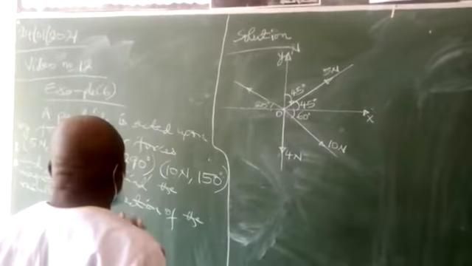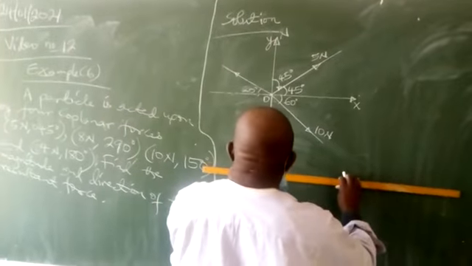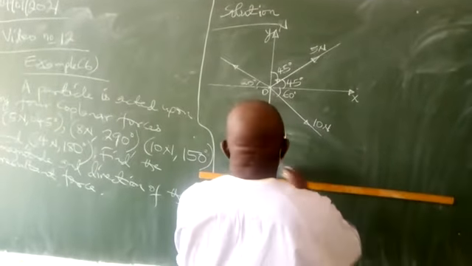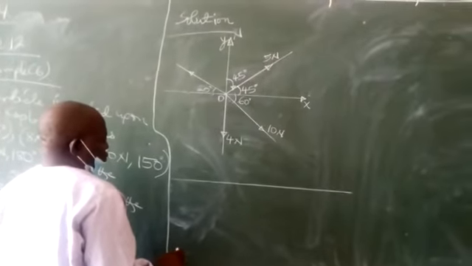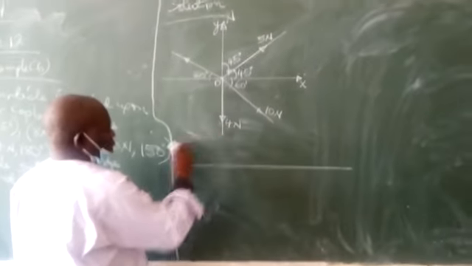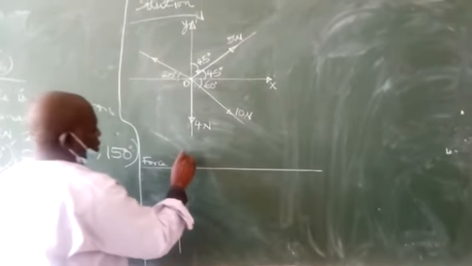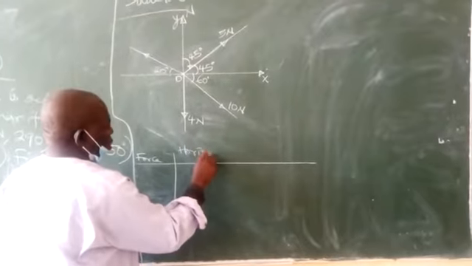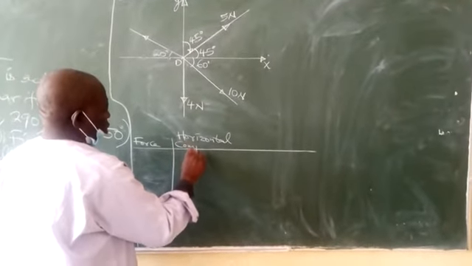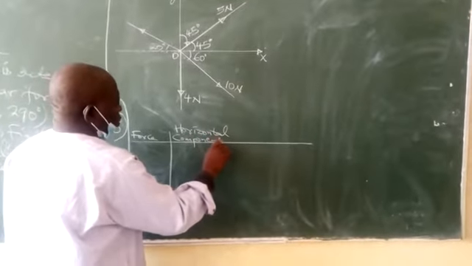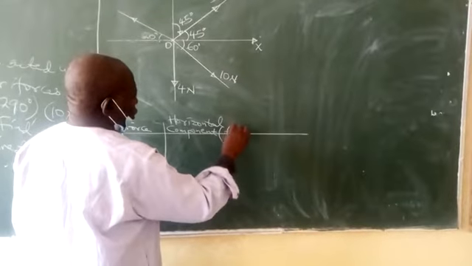Now the next thing is to find the horizontal and the vertical components. The horizontal component, F of x.